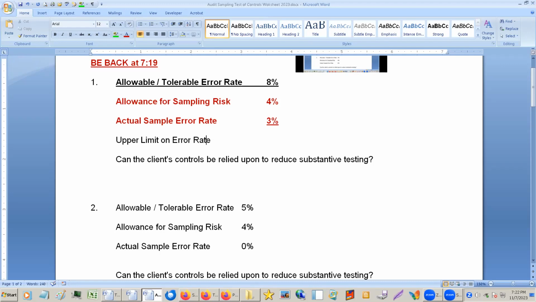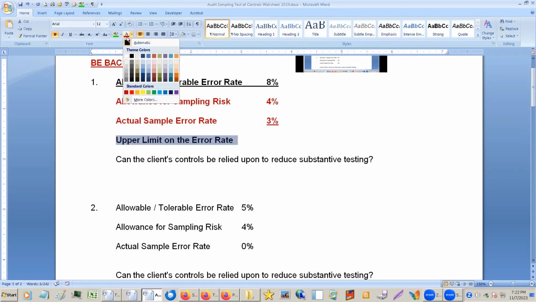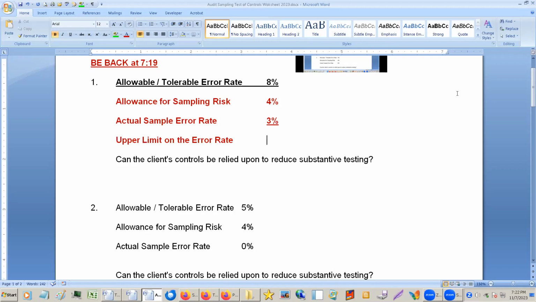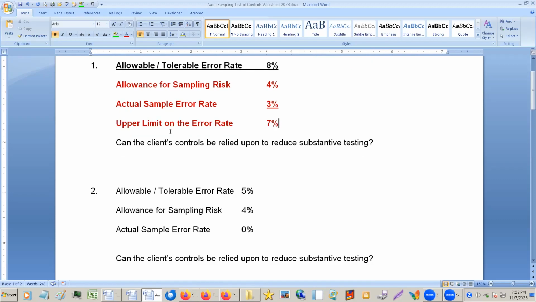On the error rate. Okay, so we do our test. It comes up that the error rate is 3%, but it could be off by another 4%. So the upper limit on this thing is 7%.